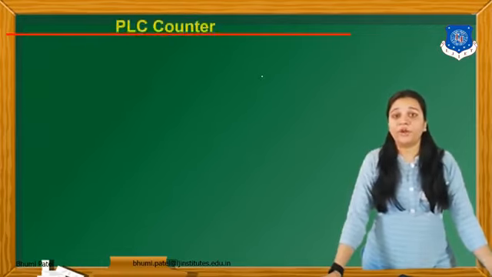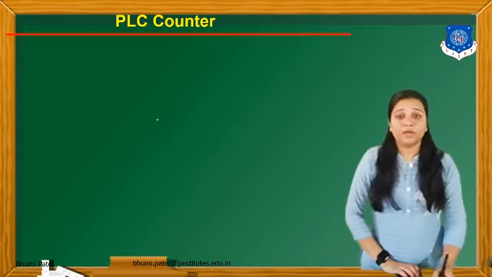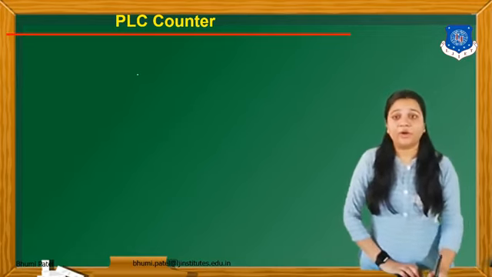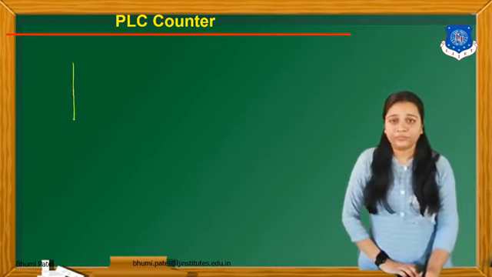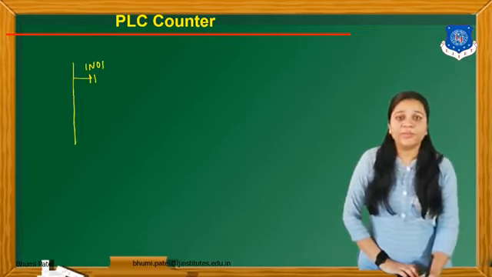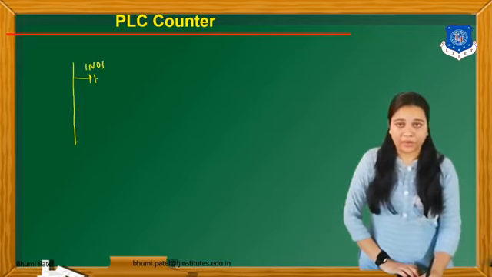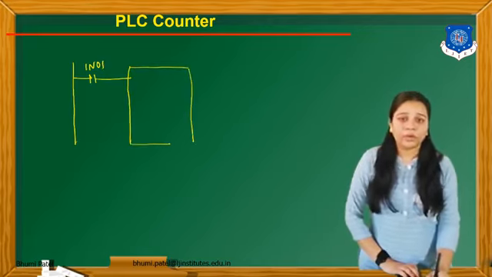So first of all, the PLC counter. What is the ladder diagram of the up counter? Whenever we draw the up counter, in the ladder diagram we put one input signal. Suppose the name of the input signal is IN01. After that, whenever we draw a timer or counter in PLC programming, we put a block.